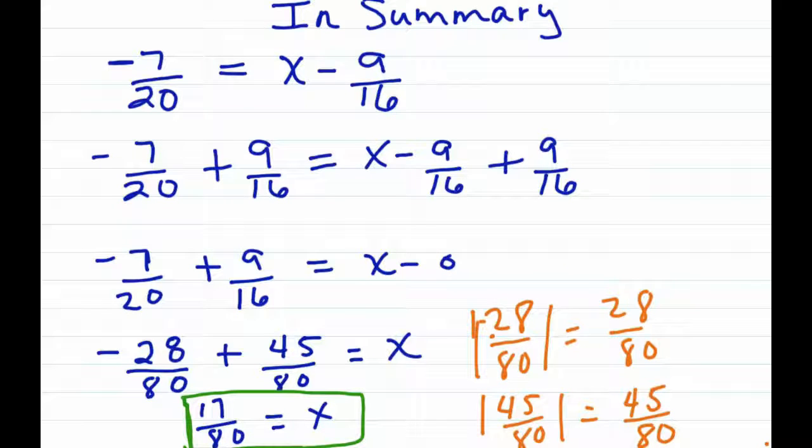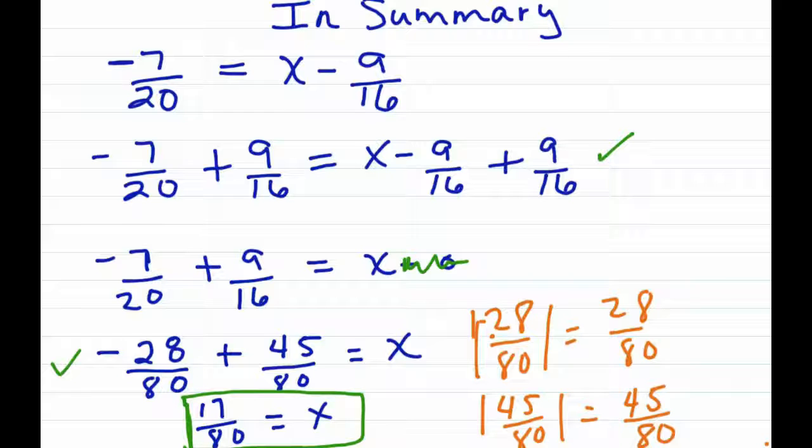Let's look at that again. In summary, here we have the original problem. We added 9/16 to both sides, and so the right side became x minus 0. We don't need that, and that's just x equals. And then we created equivalent fractions.